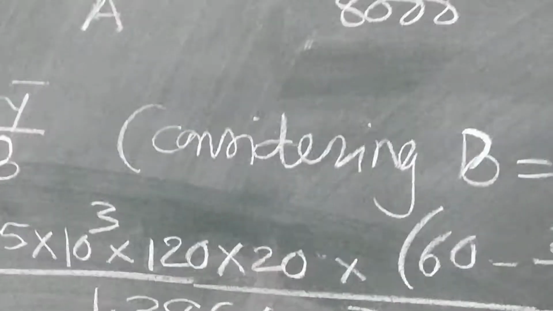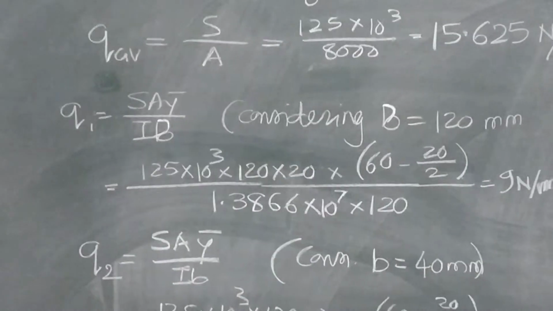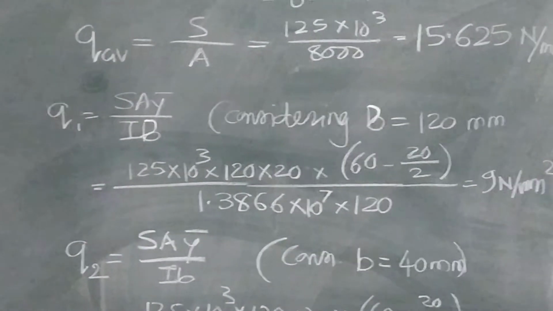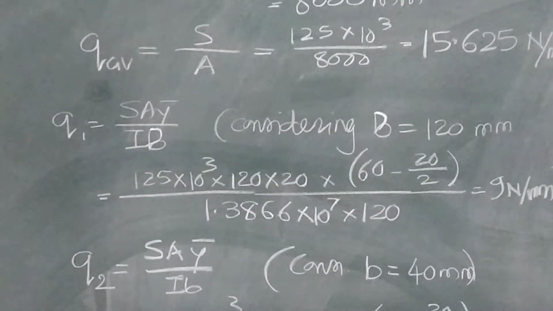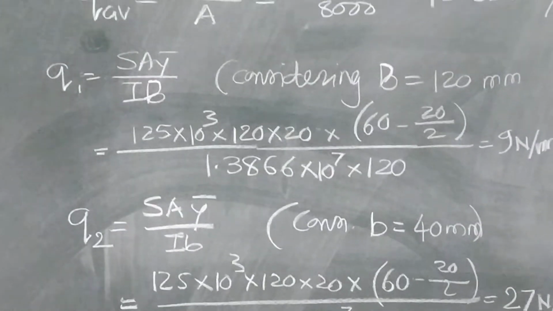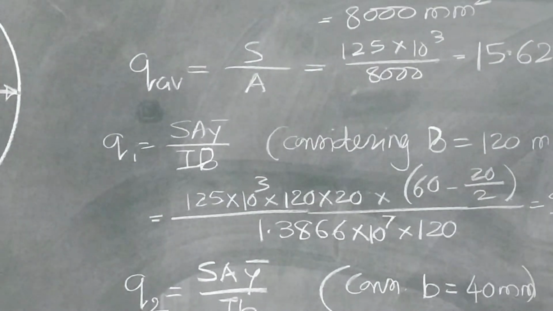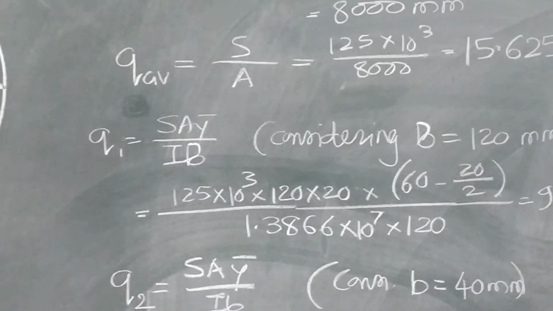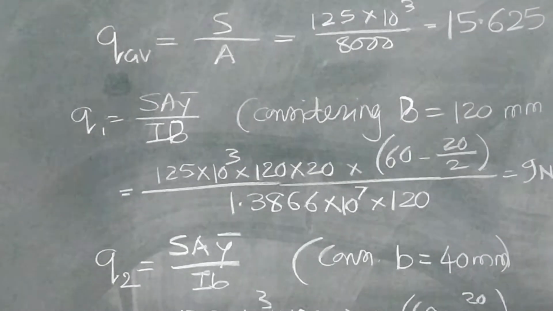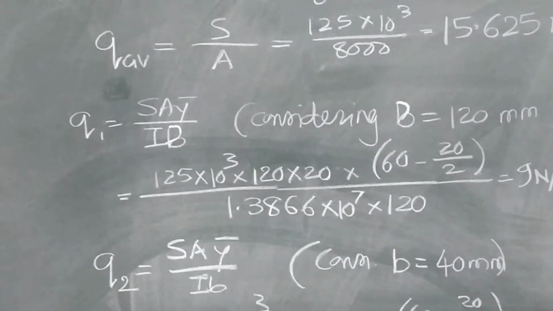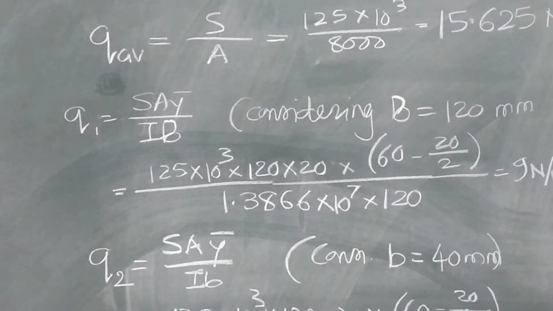Let us find out Q2. Q2 is nothing but shear stress at the bottom, considering width as capital B minus small b, or 2 into t. So let us take B is equal to 2t because t is given. So B is 40, 20 into 2.